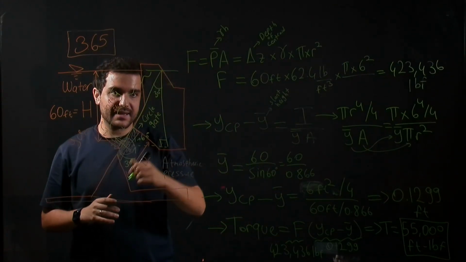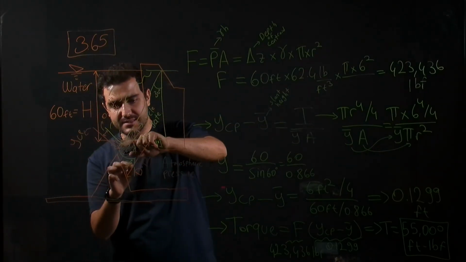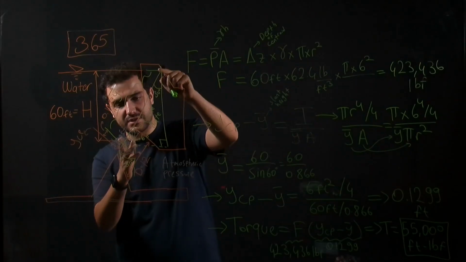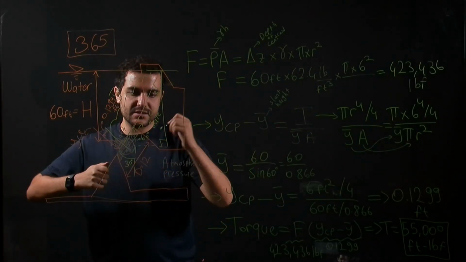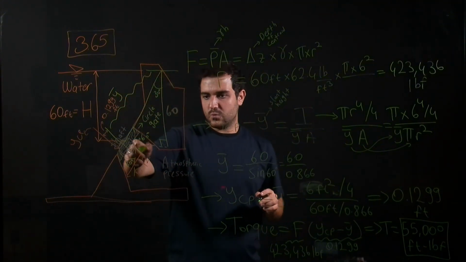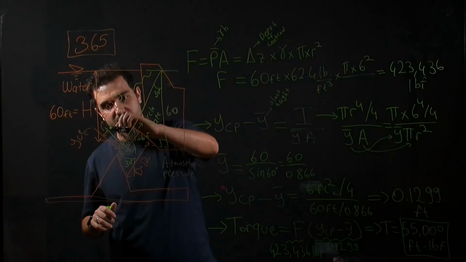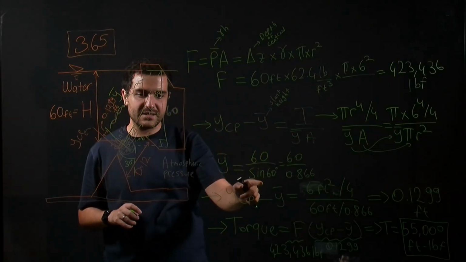Again, using trigonometry, we can calculate this distance from the centroid, because we will have 60 here. So y bar, or this distance, will be equal to 60 over sine 60.